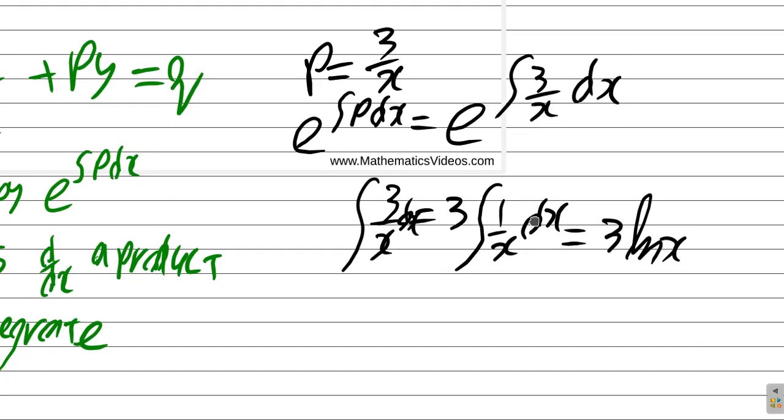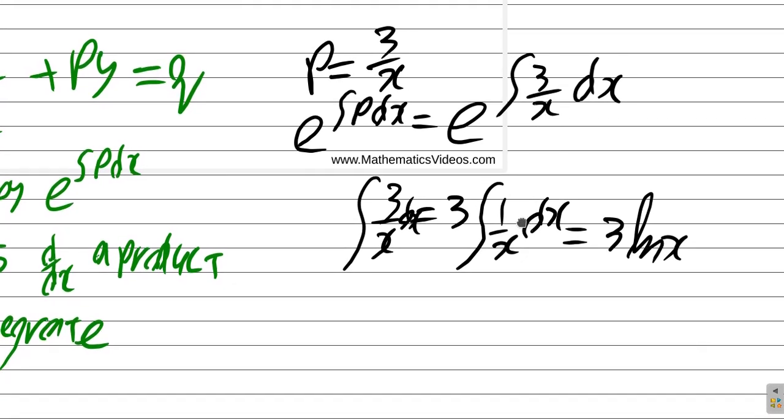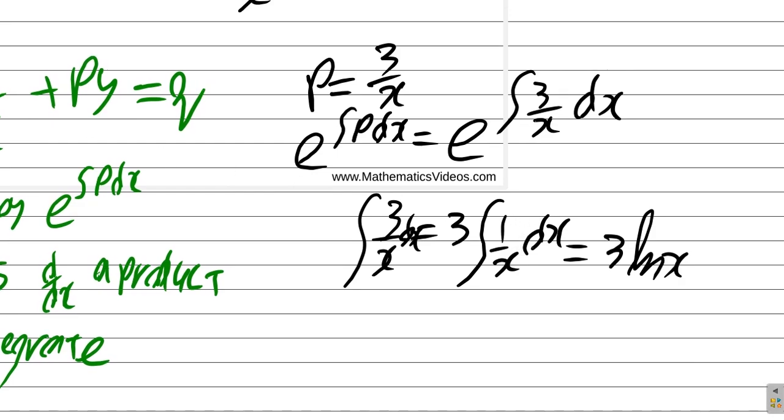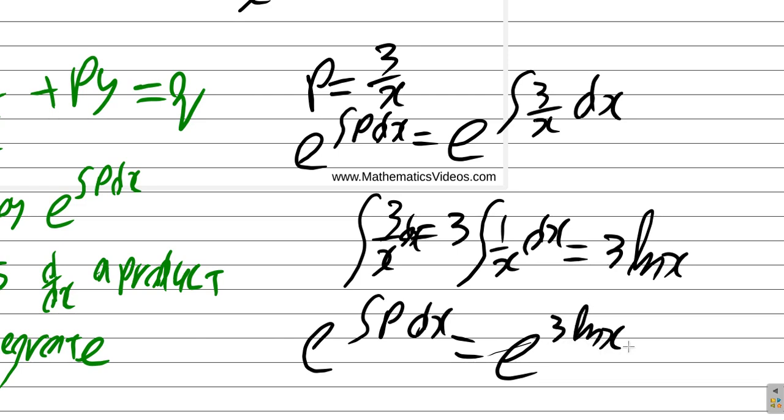So when you integrate the 3 over x dx, we get 3 ln x. So it's e to the 3 ln x.